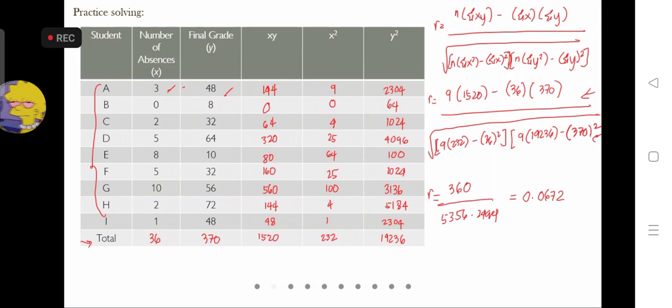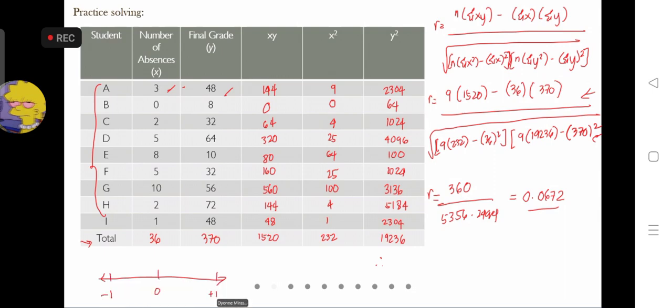Same answer tanan? Yes, miss. Okay. So with our correlation coefficient here being 0.0672, what does it say about the relationship between X and Y? Strong positive. 0.0672 man siya. Again, ato siyang i-graph ha. So negative 1, 0, positive 1.